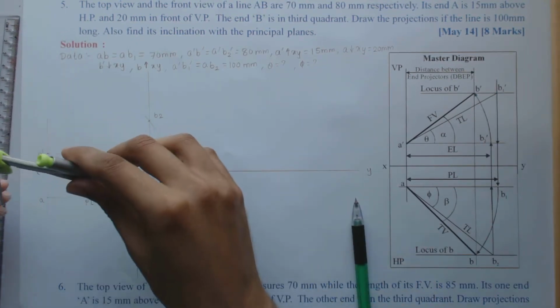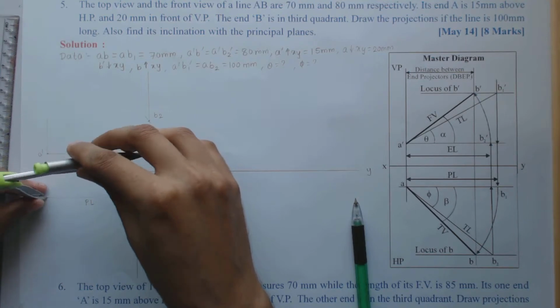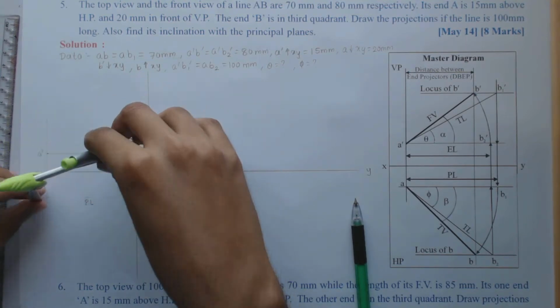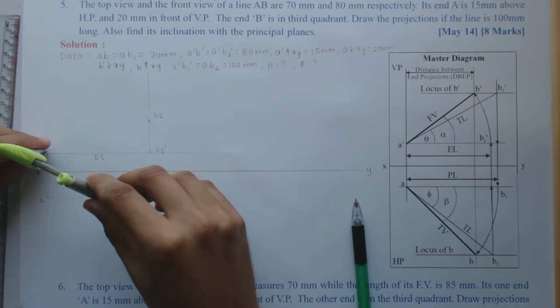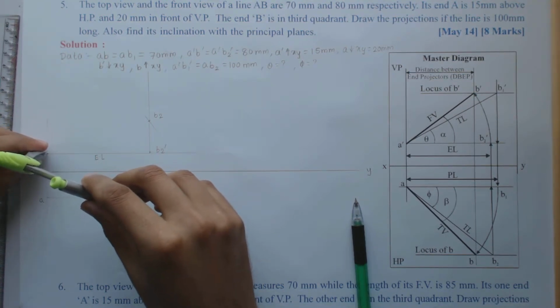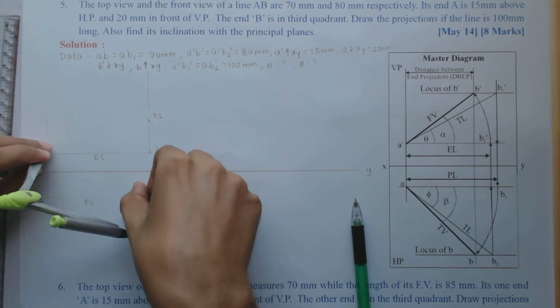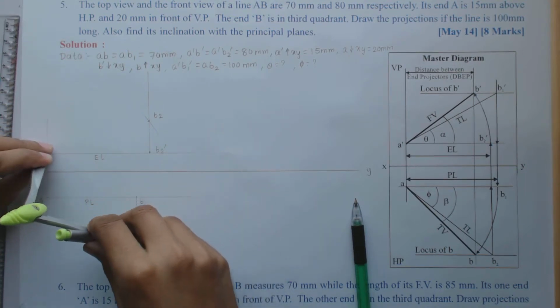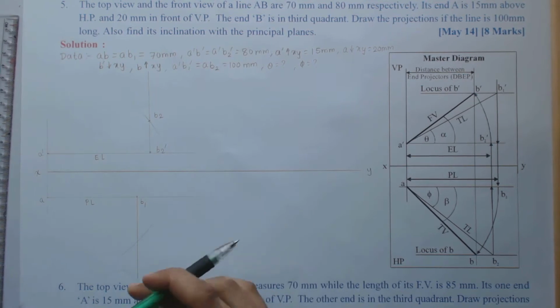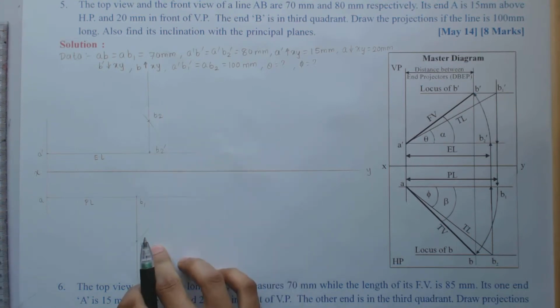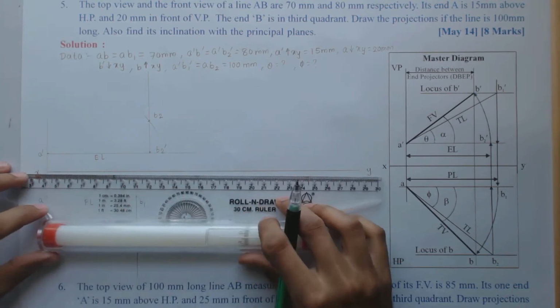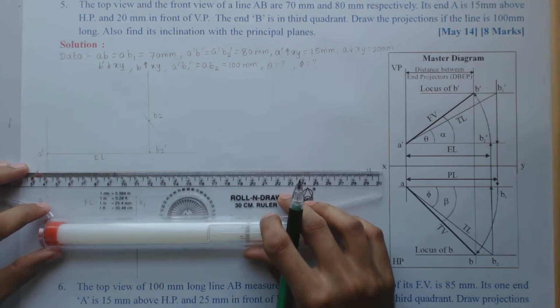Now as I have already taken length equal to 100 for marking true length in top view, the same length I can take to mark true length in front view, which is A dash B1 dash. So B1 dash I can mark on the vertical projector, drop from B1. So here I'll get the point B1 dash. Now after locating both B2 and B1 dash, I can now draw loci of B and B dash respectively.